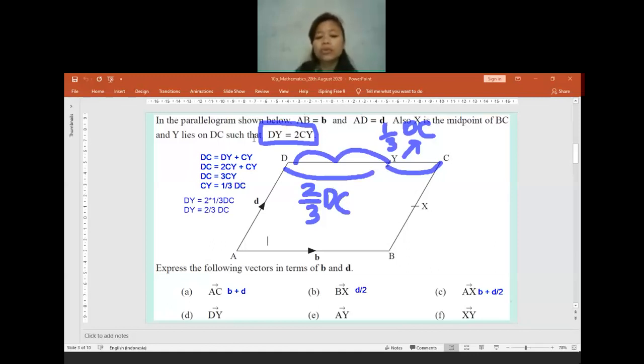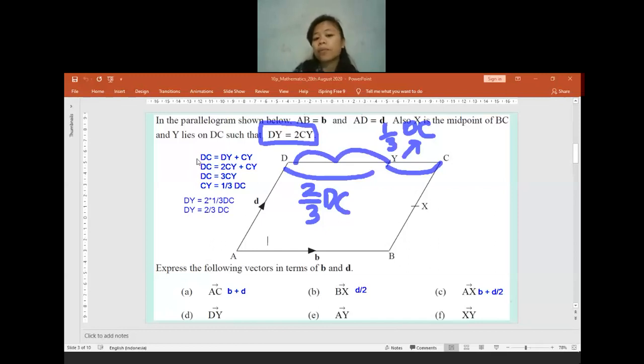If you try to use algebra, that is also possible. You focus at the line DC only. There are 2 lines, the line DY and also the line YC. Not CY, so it's supposed to be YC. So DY and YC. In here, the DY I can replace with 2CY. Why can I replace it?